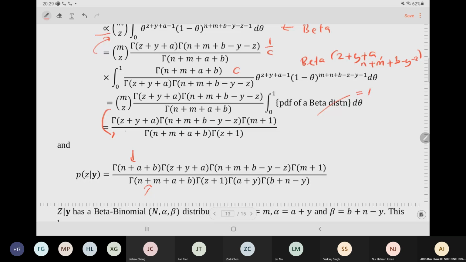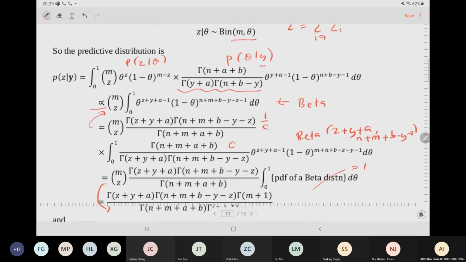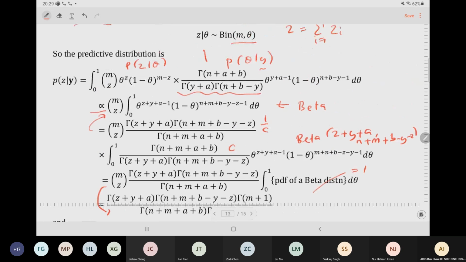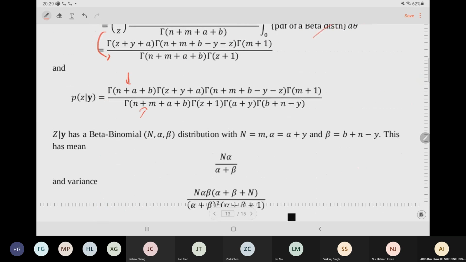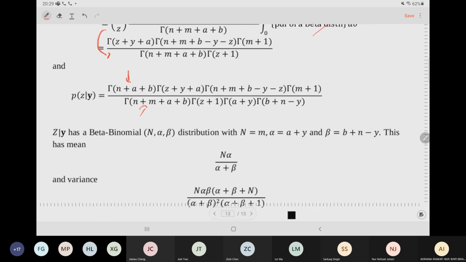Okay, and then, as I said before, you add back this constant here, and then you have this long PDF, which is actually the PDF or PMF of a beta binomial, right, with the parameters n, alpha, and beta. Okay, right. Yeah, it's long.